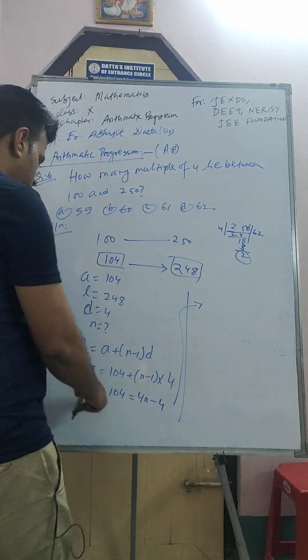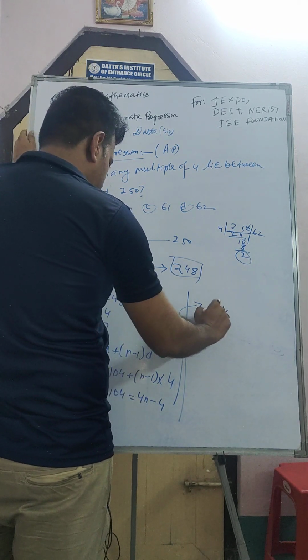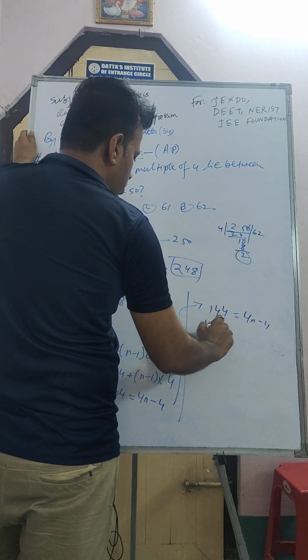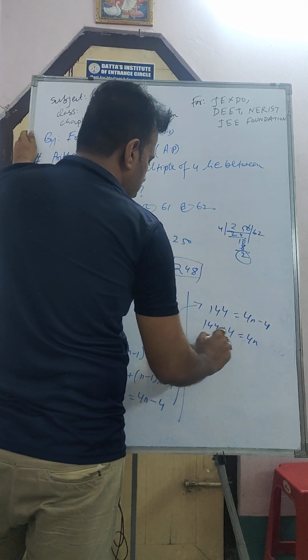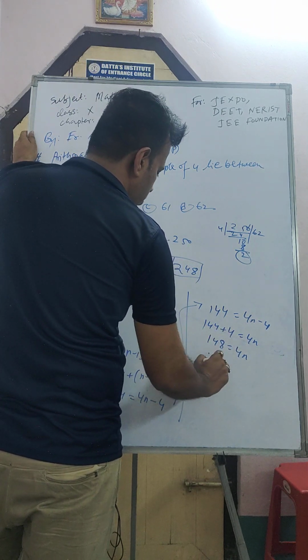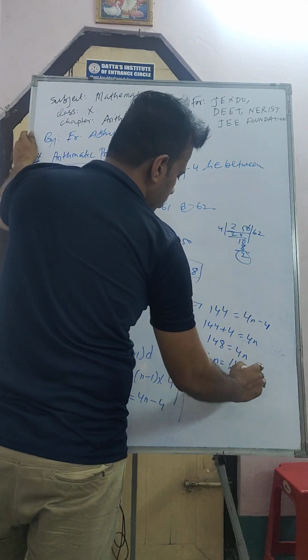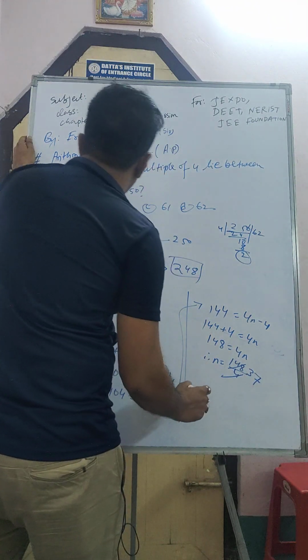Now subtracting, we get 144 equals 4n minus 4. So it will be 144 plus 4, that is 4n, so 148 equals 4n. So n will be 148 by 4, that is 37.